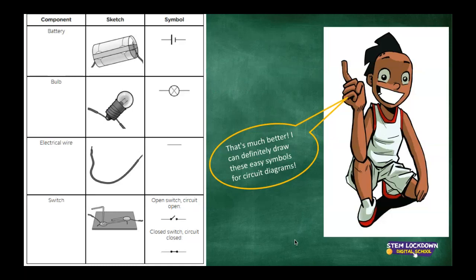Johnny says, well, that's much better. I can definitely draw these easy symbols for circuit diagrams. If you have a look over here, very similar to what we had yesterday, it is the component, the sketch, and the symbol. Remember for your homework, you need to draw the bulb, so you're going to use this symbol over here, and the switch, this symbol over here.